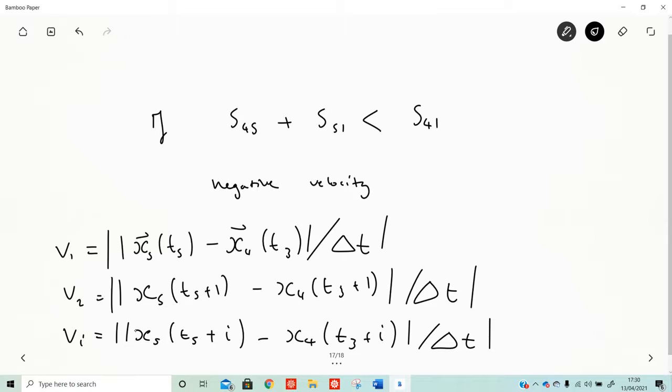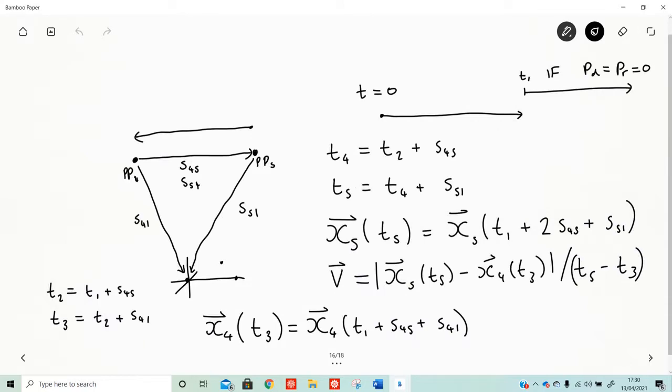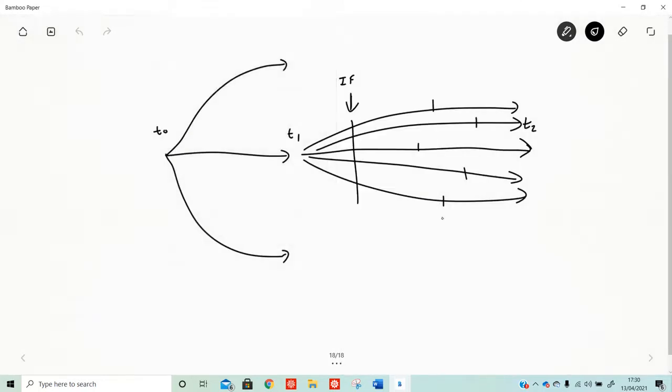So we're imagining we send off this pulse and it reaches pp5, pp4 is here, pp5, and this is x4(t3), x5(t5). That just stems from a little bit of this algebra here. So when we do this, we're taking a bunch of these runs, and runs will result in different initial states, and these are the loops.